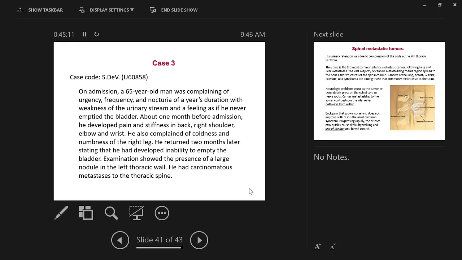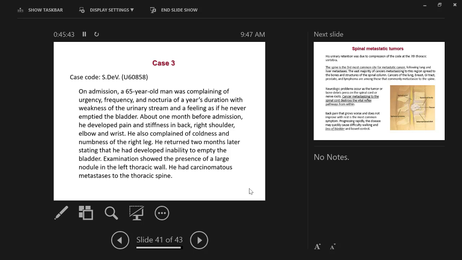But if you are careful enough, he had numbness of the right leg and a large nodule, and then the chest X-ray shows metastasis. This kind of patient you may see a lot, right? It's more common. Syphilis was common 100 years ago, but not anymore.